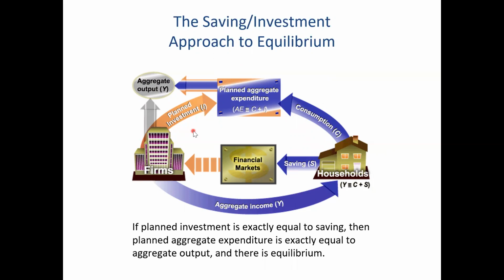We have two parts of the equation: aggregate income, which goes to households, and aggregate expenditure, which households and firms both do. So aggregate income must equal aggregate expenditure. Here is a point of equilibrium.